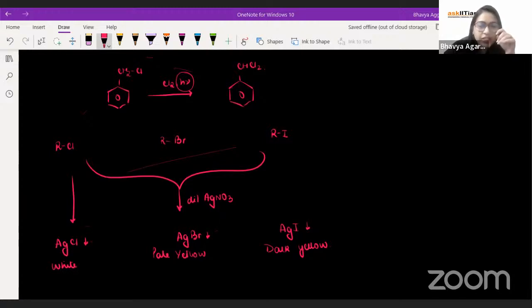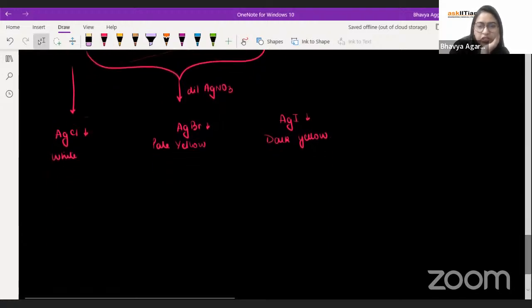Second way of checking it is that I'll be further treating it with ammonia. This is a preliminary test, and for confirmation you treat it further with ammonia.